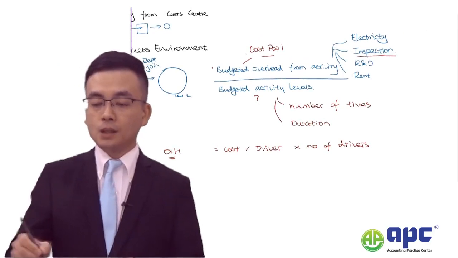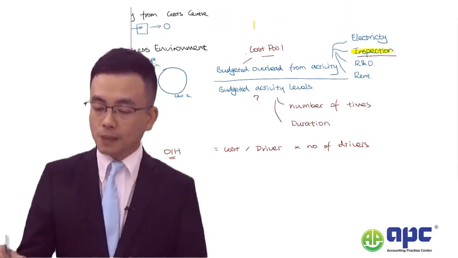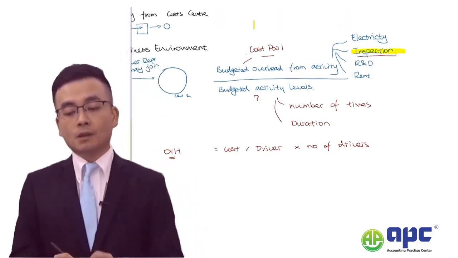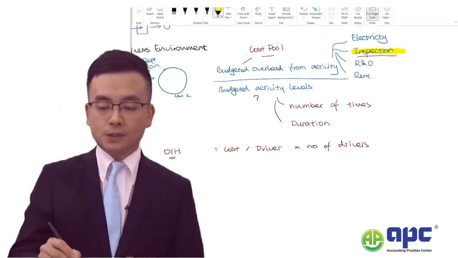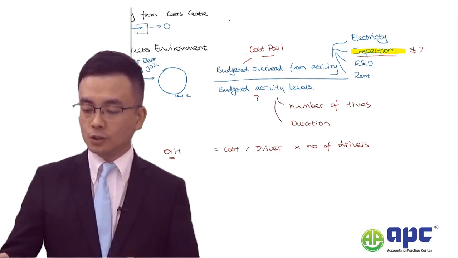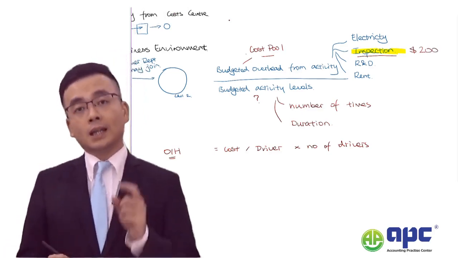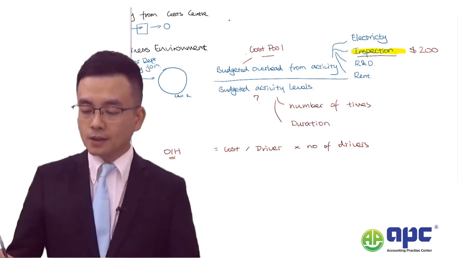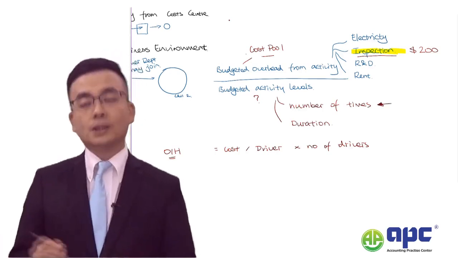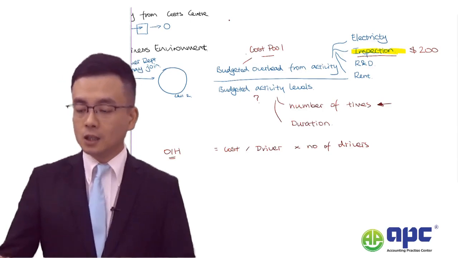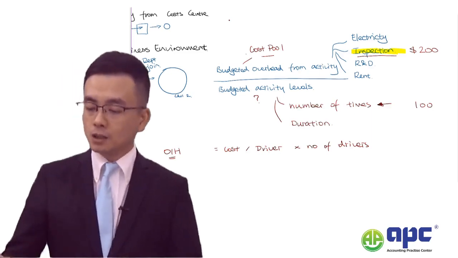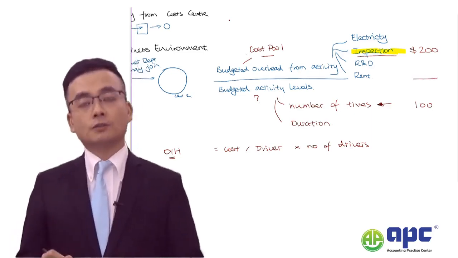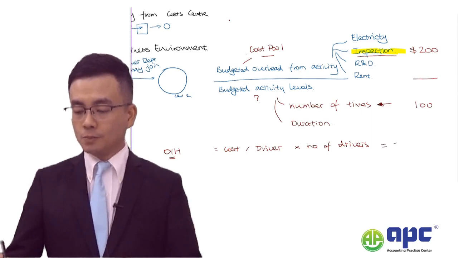In the numerator, the budgeted overhead from this inspection activity, I estimate to be $200. And I estimate that the number of inspections that we need to perform during the year will be a total of 100. So for cost per driver, I take 200 over 100, and that will be $2 per inspection.